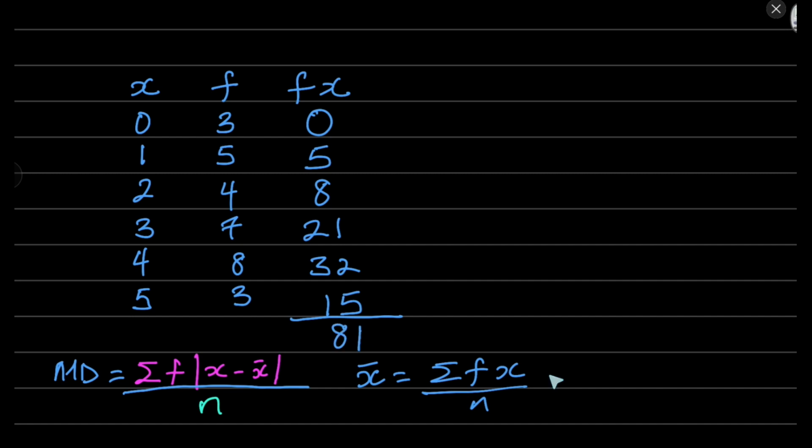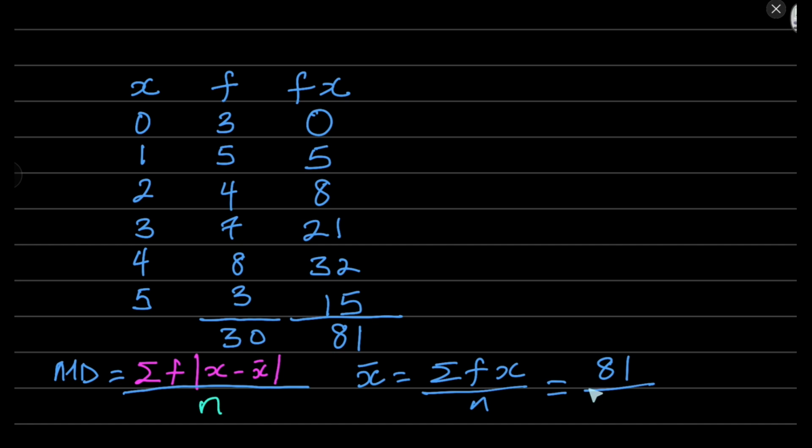The next thing, to find your x bar, so we found summation f times x, which is 81, divide by n, and do not forget that n means the total frequency, which means you are going to sum up all your frequencies: 3 plus 5 plus 4 plus 7 plus 8 plus 3, and that should give you 30.